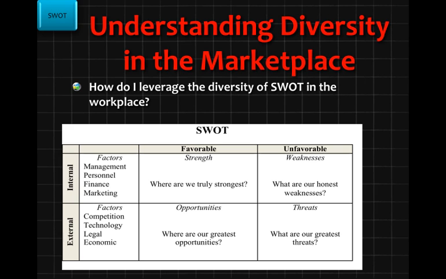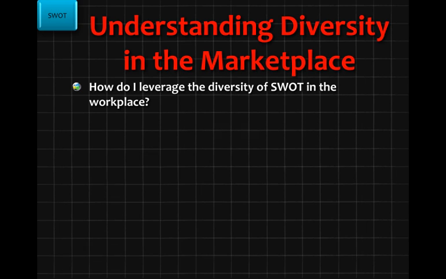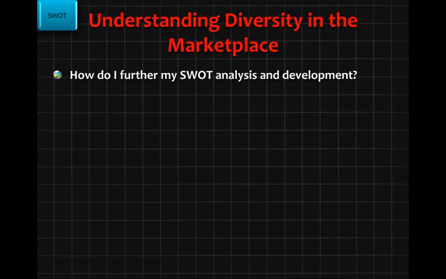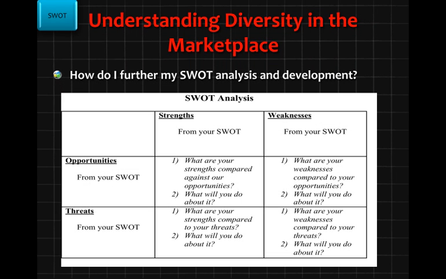Now, we take that discussion a step further, because after we've built the SWOT, we really need to move into the analysis phase. And this is where we really get the rubber to meet the diversity road, because we take those strengths and we compare them against our opportunities, and we ask ourselves, what are we going to do with our strengths as compared against our opportunities?